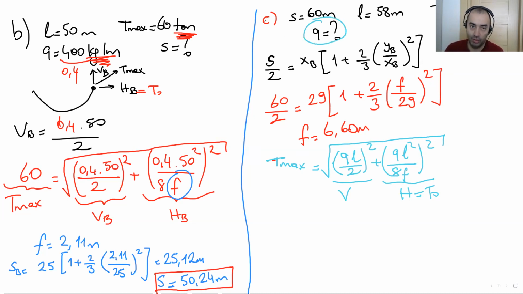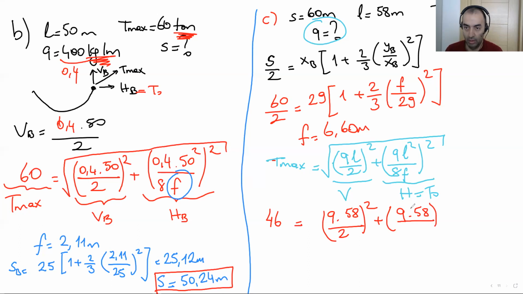Actually, in this question, as you can see, Tmax equals Q times the square root of (L over 2) squared plus 2 times L over 8 F. F is 6.6.